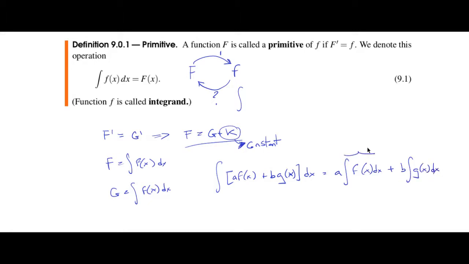So this is capital F, this is capital G, for instance. And this is easy to see. If we compute the derivative of af plus bg, we get a times the derivative of F plus b times the derivative of G, but these are small f and small g. So you can see how we get from one to the other.